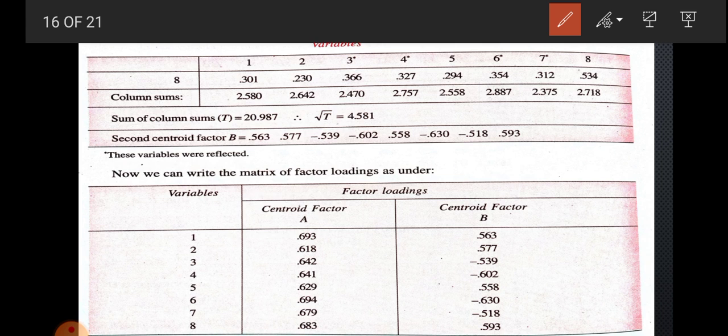So centroid factor A is this, and centroid factor B is this. B is 0.563, 0.577, then minus 0.539, minus 0.602. So these are the values which we have obtained with the help of the previous table.